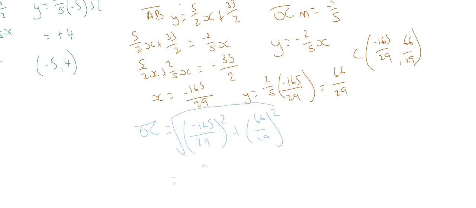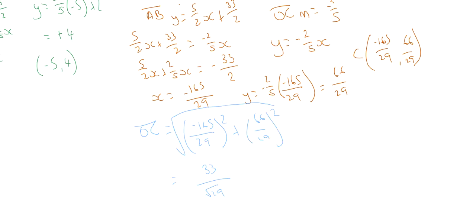It is 33 over root 29. That's pretty annoying. You may have got a decimal answer to that. The reason I'm writing it like this is because the answer is actually a whole number, and if I don't write it like this, I'm going to end up with an approximation, which will be pretty close, but probably not exactly accurate.